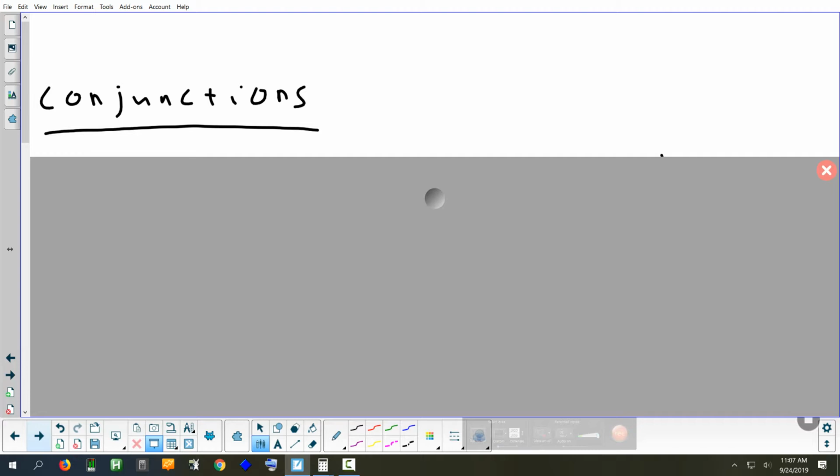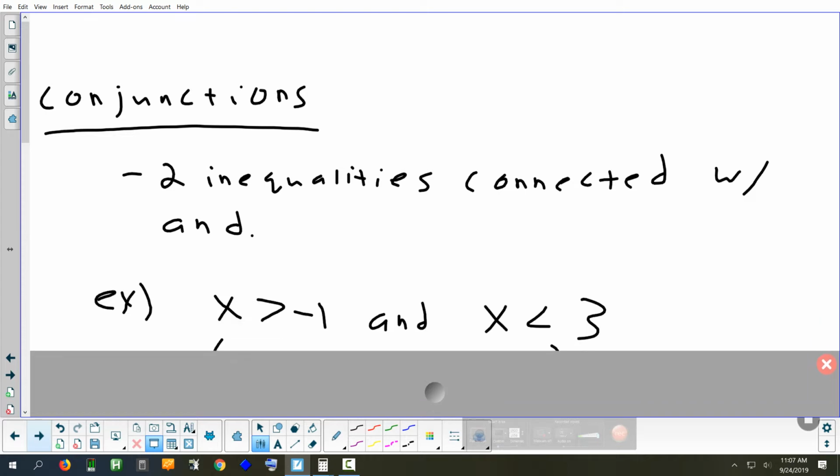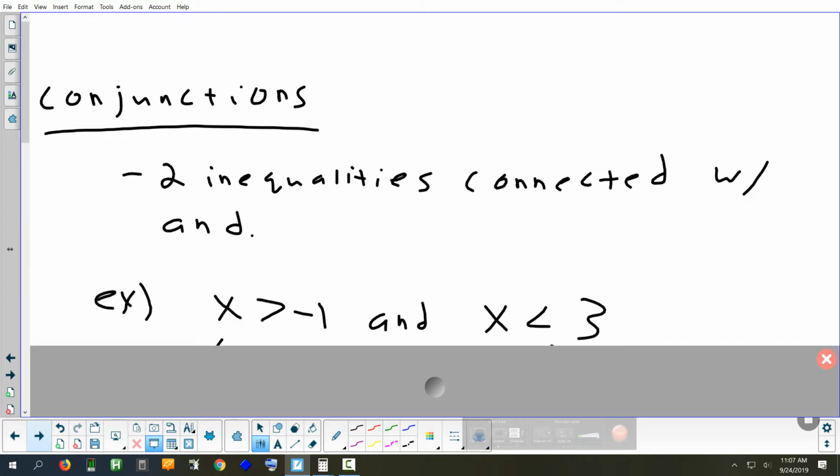All right, so or could be an option. What's the other word we see? We see and. This is and. So it's 2 inequalities connected with the word and. Sometimes you actually can write it without putting the word and. Okay, I'll show you both ways. That's an example of an inequality that's a conjunction.